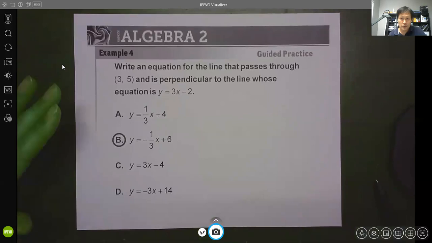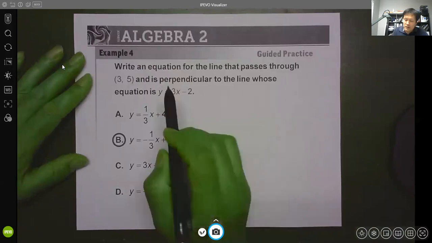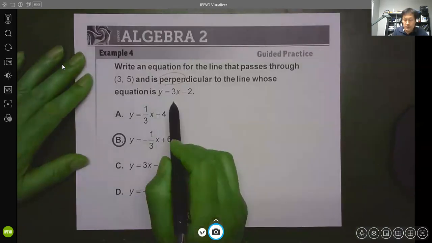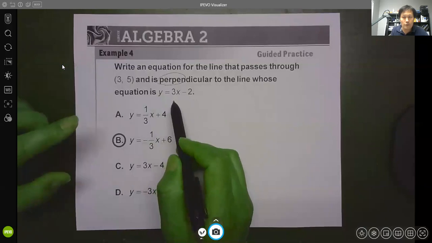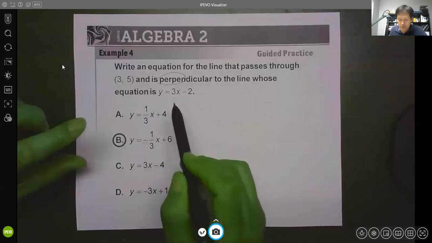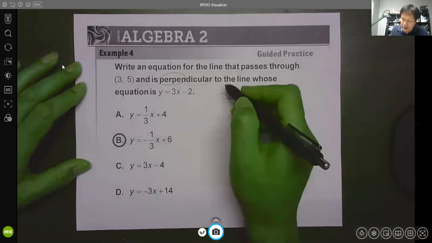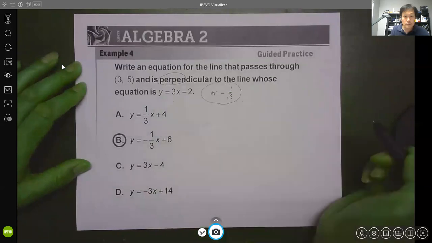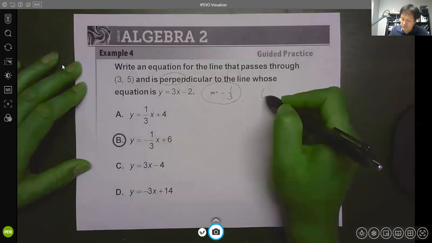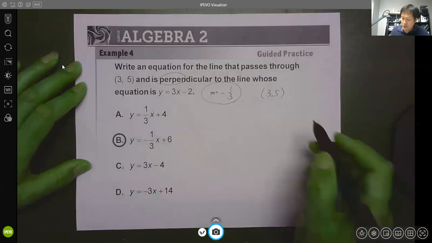Okay, pause the video. We'll try. So same thing, perpendicular to this. The slope of the line we are looking for should be flip it, which is 1/3, change sign, -1/3. That should be the slope. And we have a point (3, 5). So x1, y1.